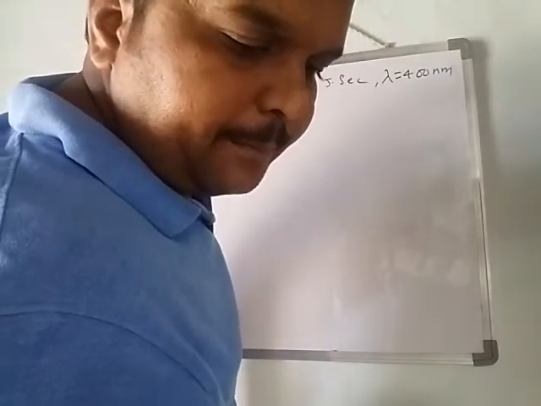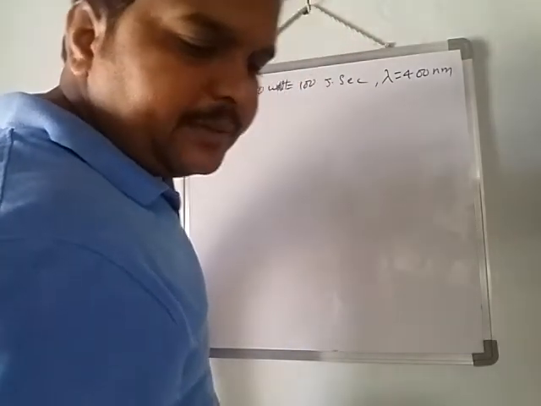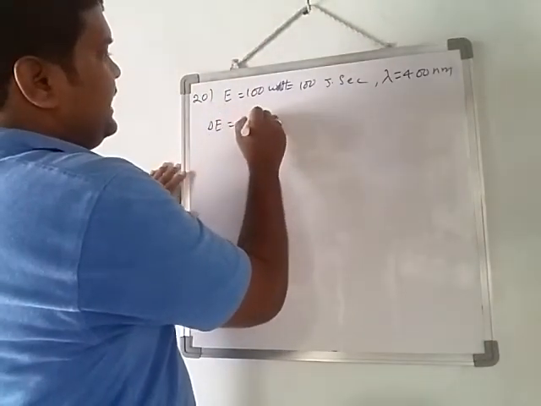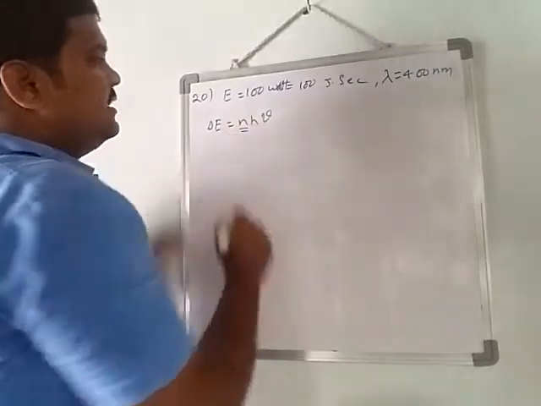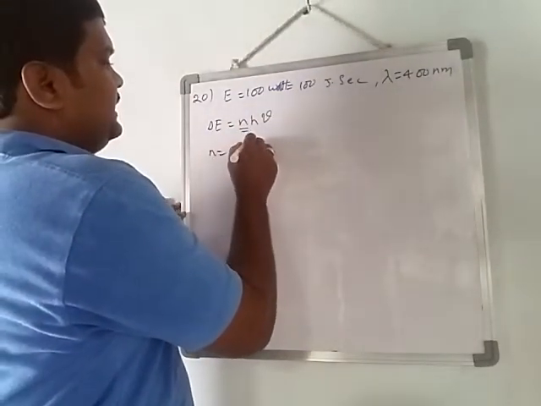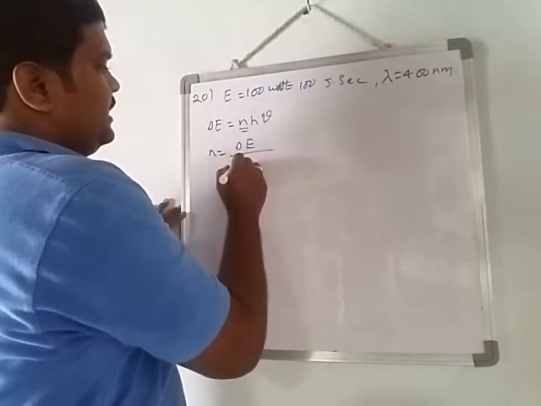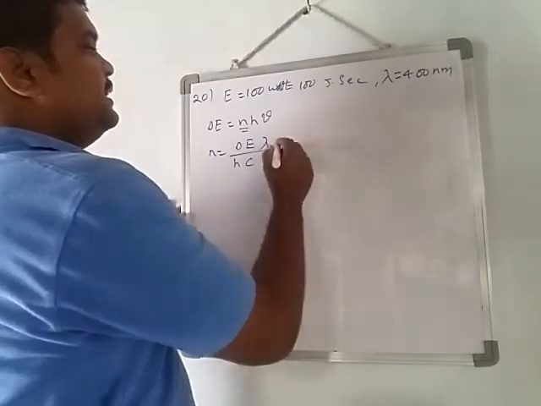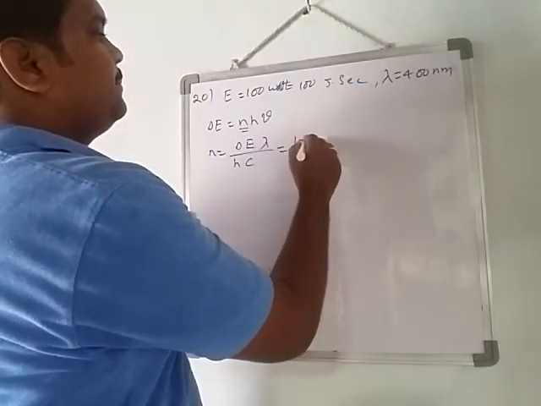Calculate the number of photons emitted per second. So delta E is equal to N h nu. He is asking for the number of photons. So now N is equal to delta E by h nu. Nu means c by lambda. Yes or no? So delta E, how much? 100.